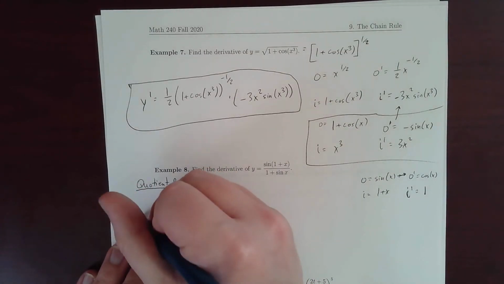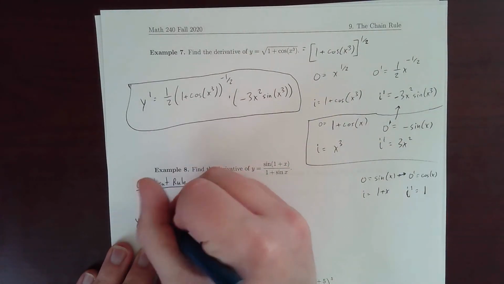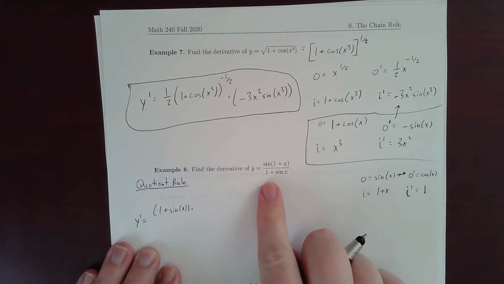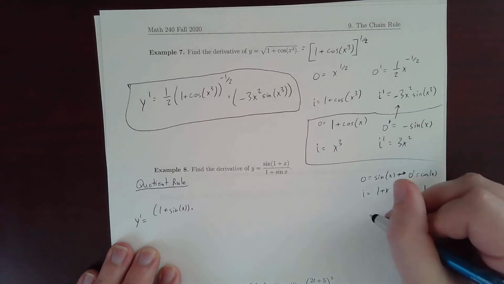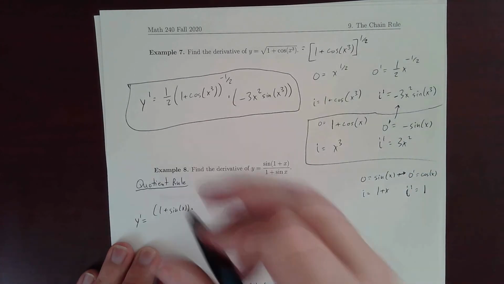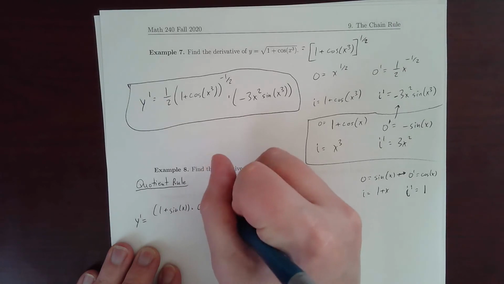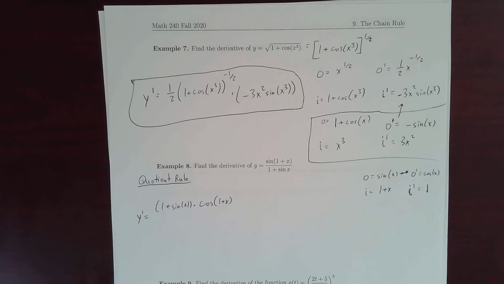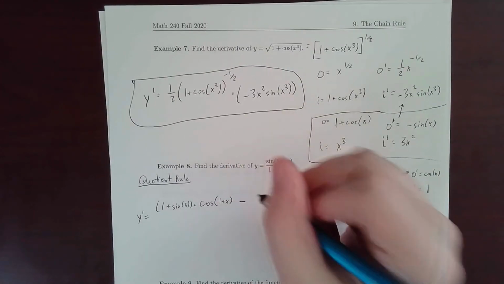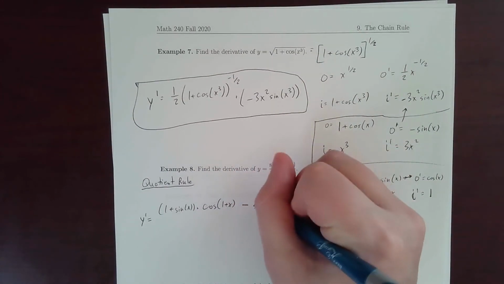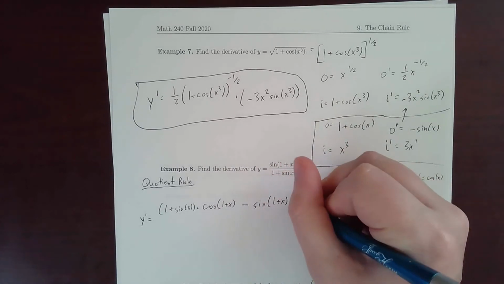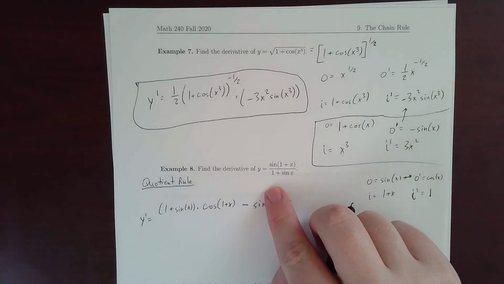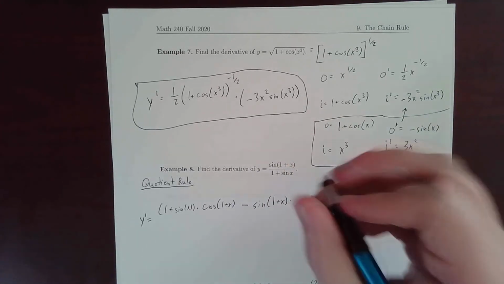So y prime will be low, which is 1 plus sine of x, times the derivative of sine of 1 plus x, which is going to be cosine of 1 plus x times 1, but again, that's not too exciting, minus the numerator, sine of 1 plus x, times the derivative of the denominator, which is just going to be, derivative of 1 is 0, derivative of sine is cosine.